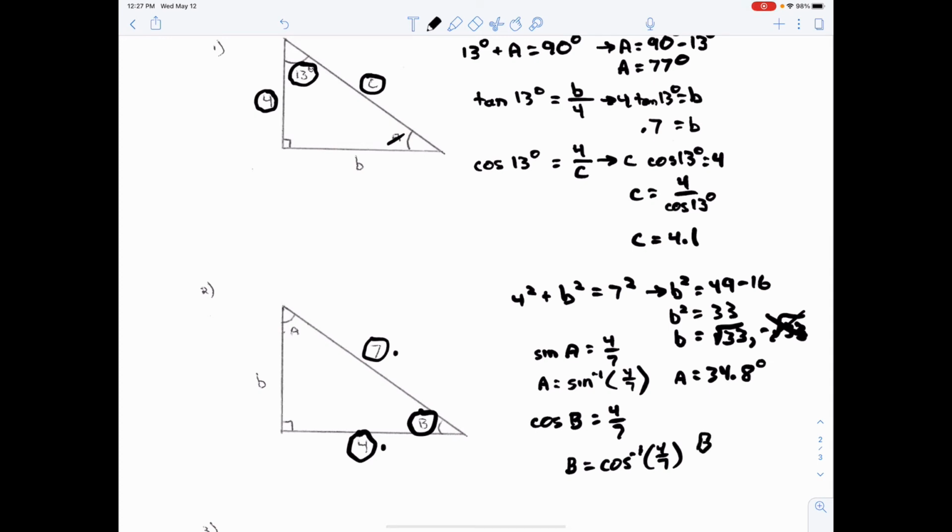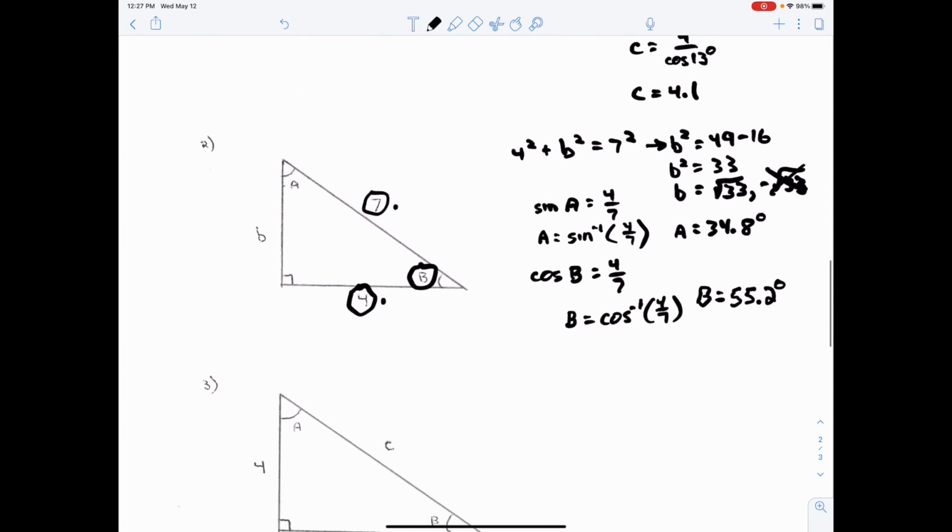And then we'll take the inverse cosine of 4/7, and you get 55.2 degrees. Now I want to point something out. When you're done, your two angles should add up to 90 degrees. And if you add these up, they do add up to 90 degrees, so we're good.